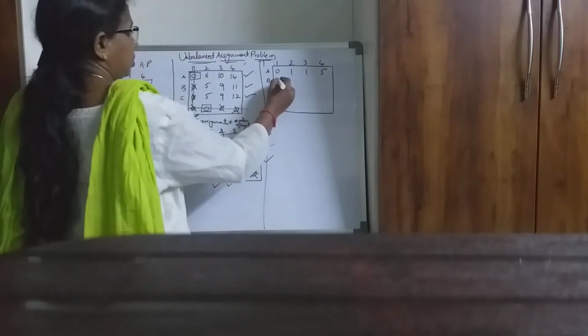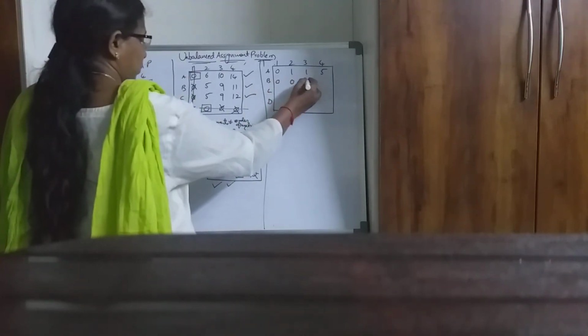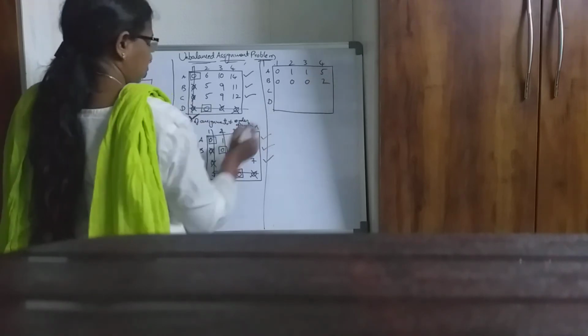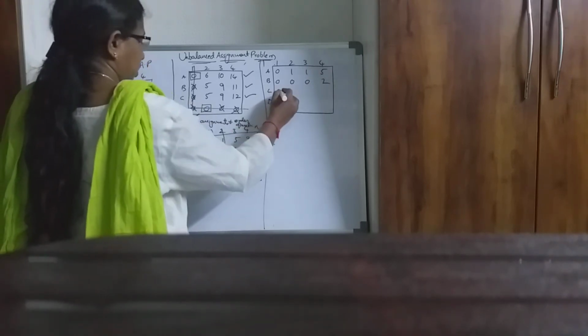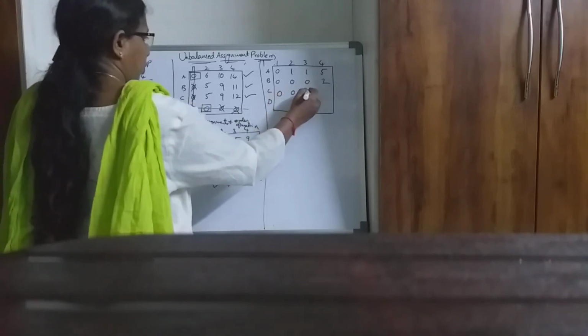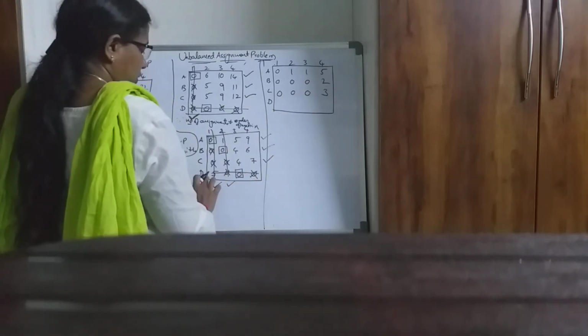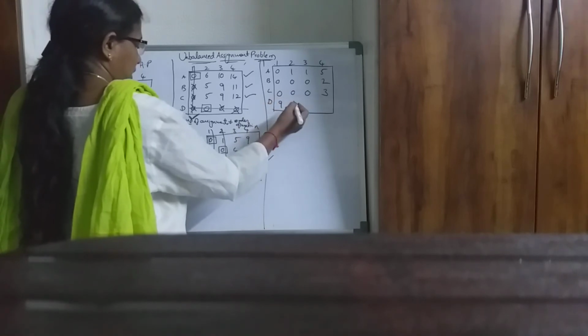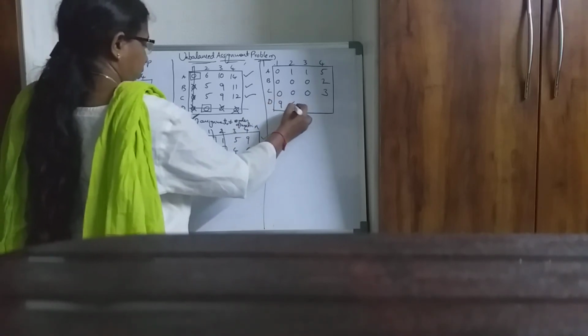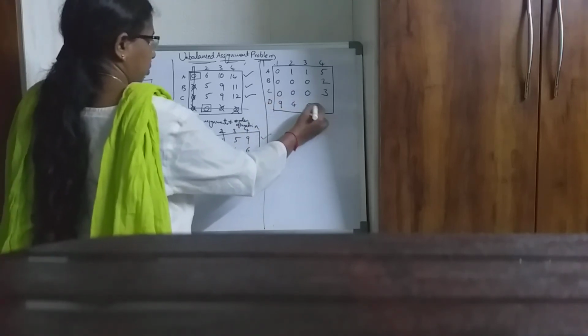Similarly second row: 0, 0 as it is, 4 minus 4, 0, 6 minus 4, 2. Third row: 0, 0, 4 minus 4, 0, 7 minus 4, 3. Fourth row: 5 minus 4, 1, 0 plus 4, 4, then 0, 0.